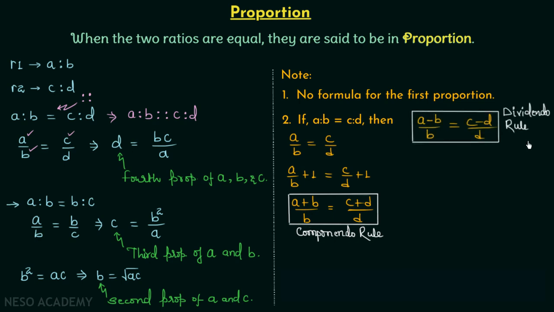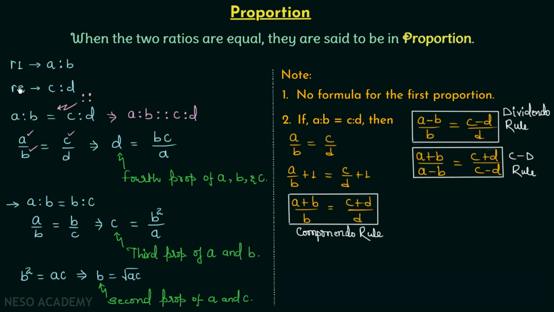Now what if I divide the componendo result by the dividendo result? We will have A plus B divided by A minus B equal to C plus D divided by C minus D. And as we have obtained this result using componendo rule and dividendo rule, we call it componendo-dividendo rule. Now what if I take the inverse of this?